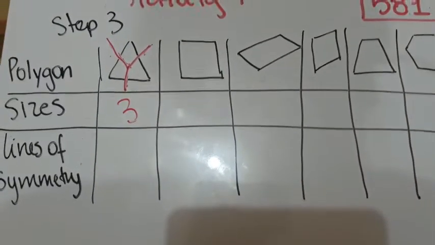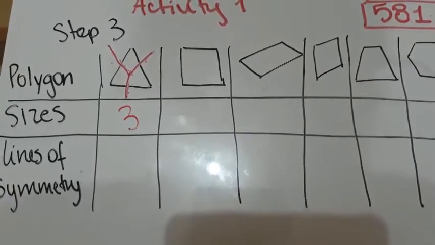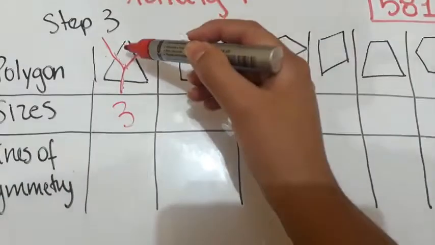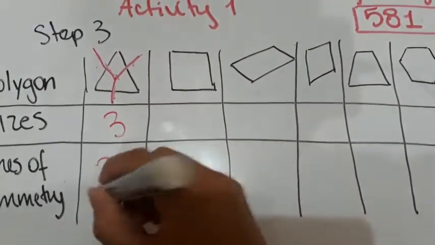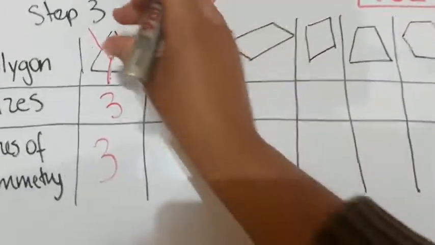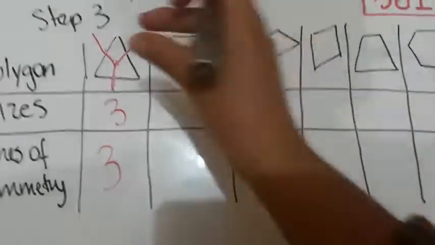When we write 2 diagonal lines and a vertical, we have 1, 2, 3 lines of symmetry. Why? Because these 3 triangles have the same shape and same size.